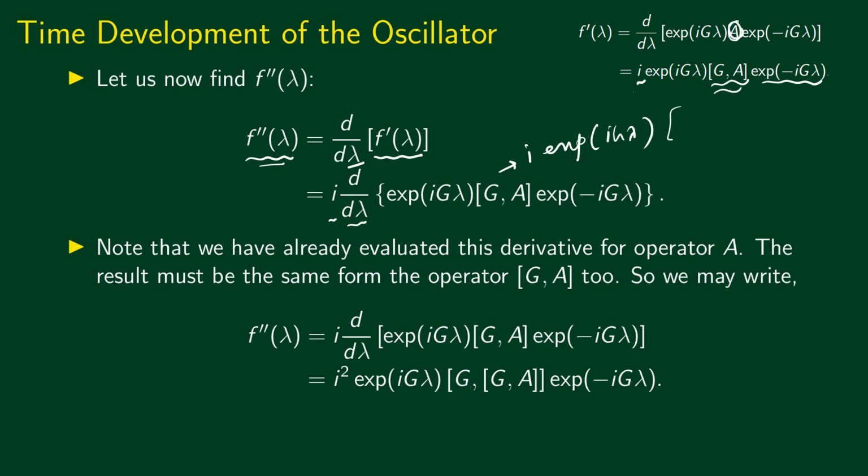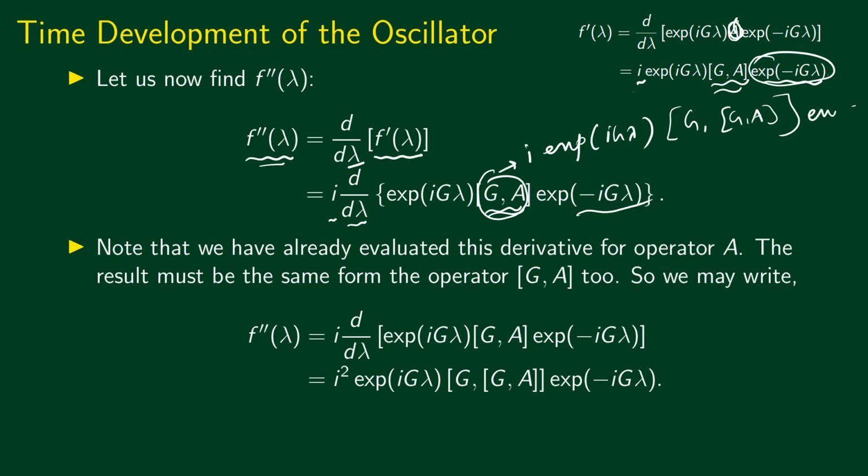So instead of A here, we have the commutator of G with A. So this is G comma whatever operator is appearing here, which is the commutator of G with A. And we also have this exponential minus ig lambda.